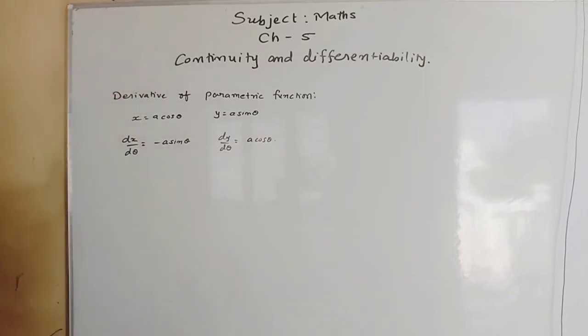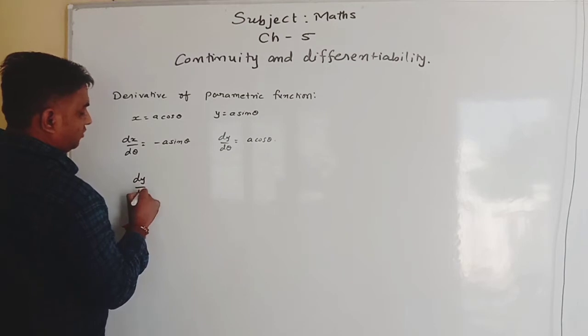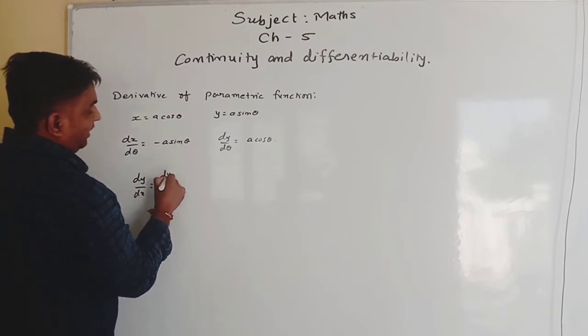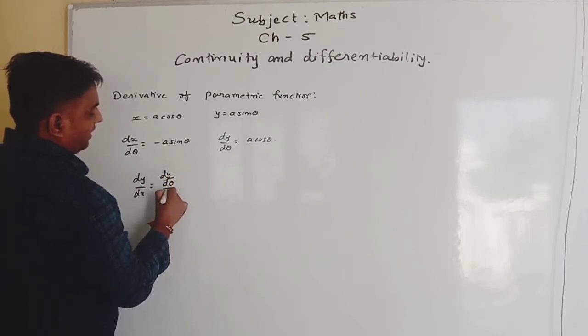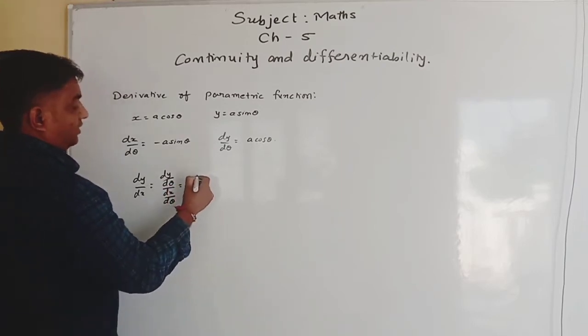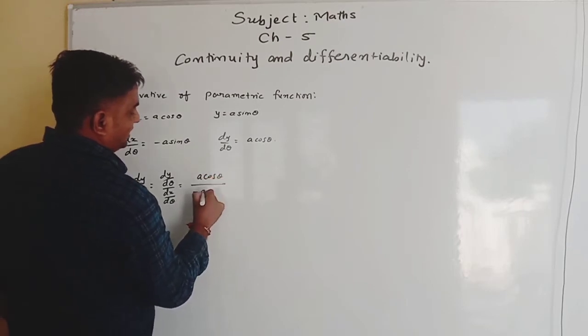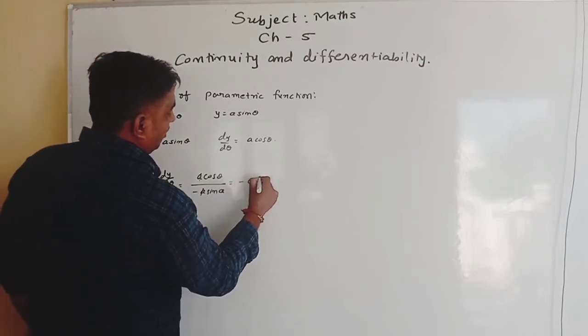So dy by dx equals dy by d theta upon dx by d theta, which is a cos theta upon minus a sin theta. The a cancels, so it is minus cot theta.